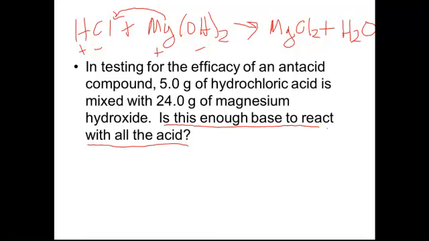Okay, now it's definitely not balanced, so let's get the balancing going here. We've got 1 hydrogen on the left. We've got 2 hydrogens on the right. So let's put a 2 right there. That makes 2 chlorines, 2 chlorines.